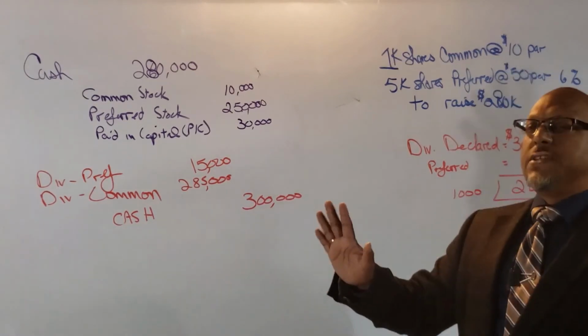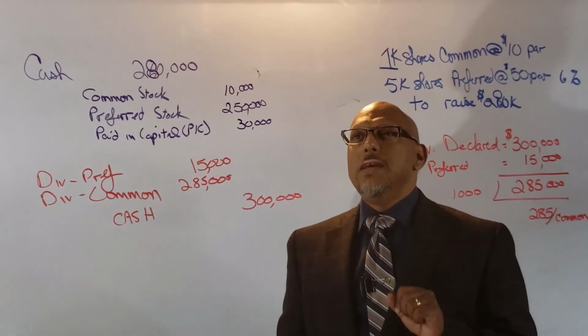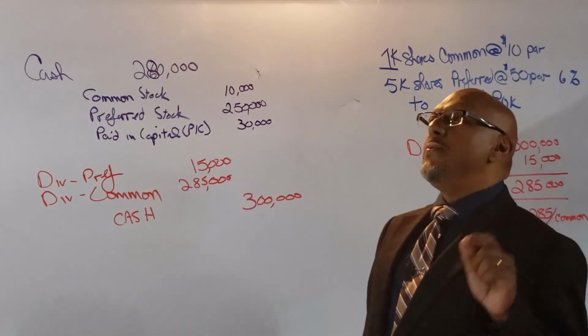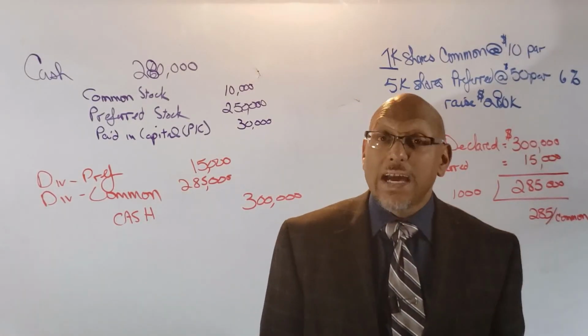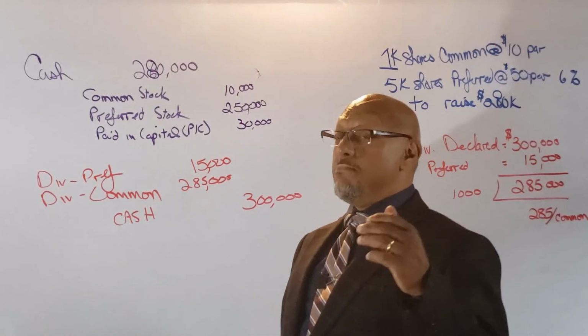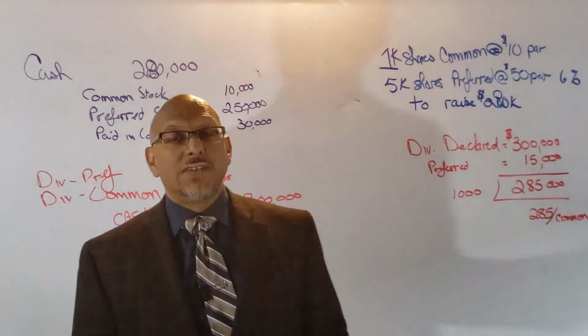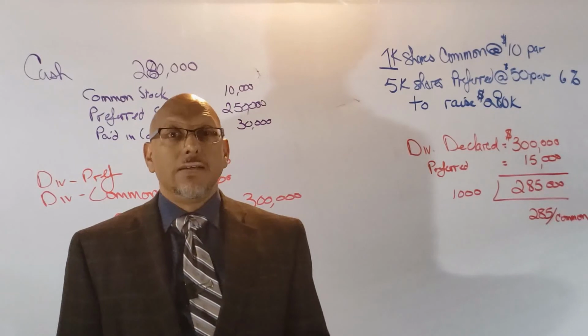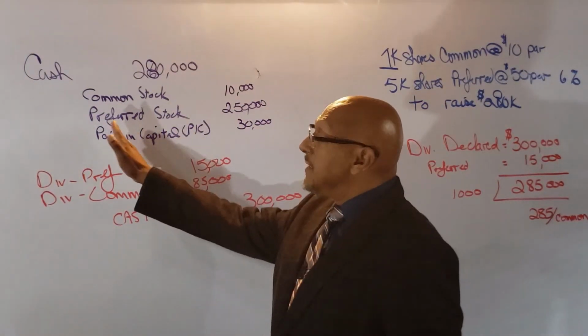Now here's a different situation. I'm going to back up a little bit here. What if we issued or gave stock in exchange for something other than cash? What if we bought land with stock, or we paid for services with common stock? Well, it's really the same.